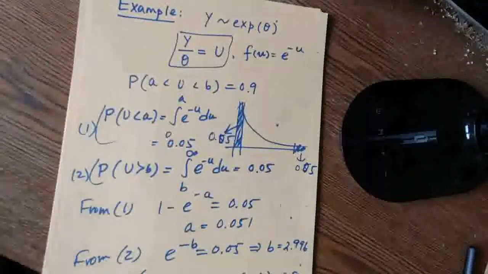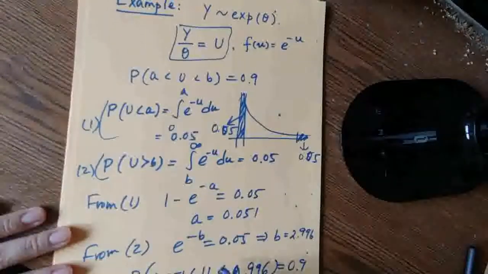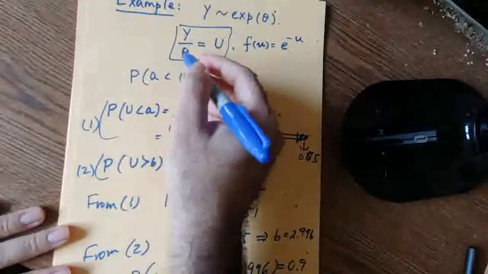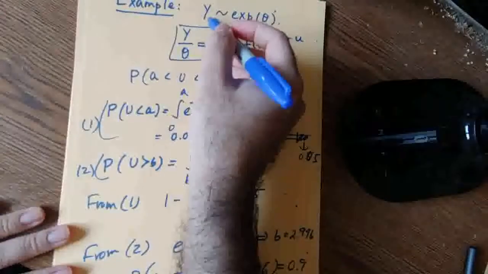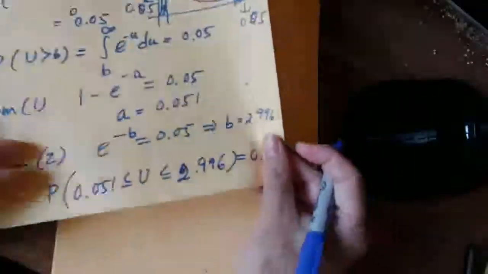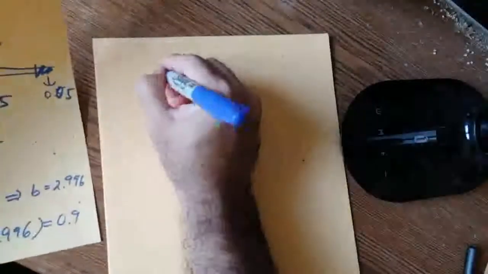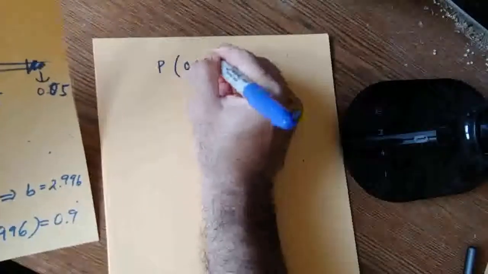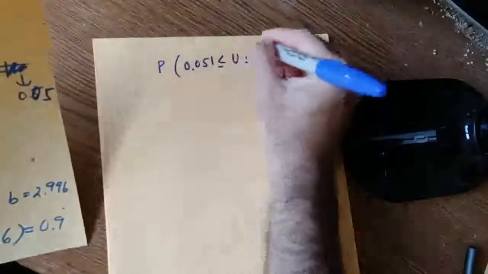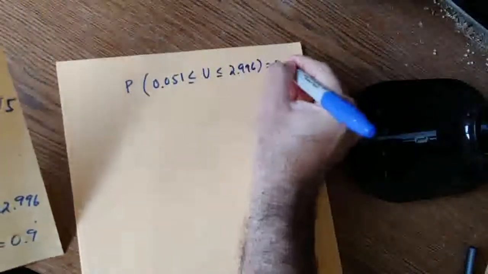Now, if you want a confidence interval of not u, but theta, because theta is an unknown parameter, you can do that too. I'm just skipping it here. So you remember this, that's what I'm writing again here. Probability of 0.051 less than or equal to u less than or equal to 2.996 is equal to 0.9.